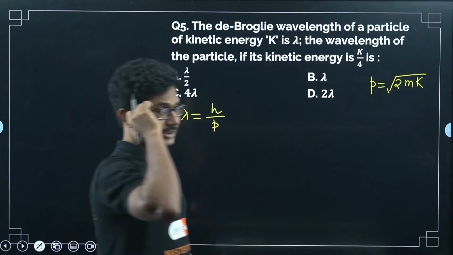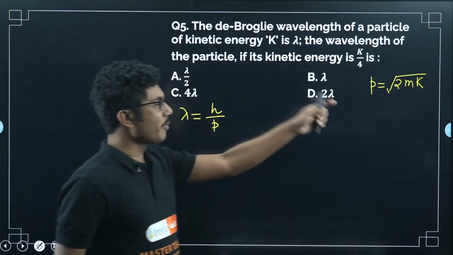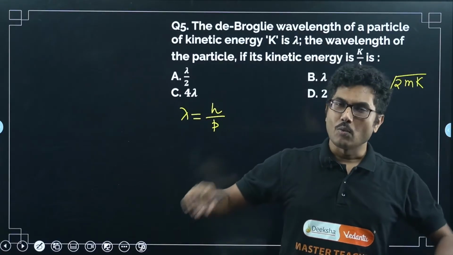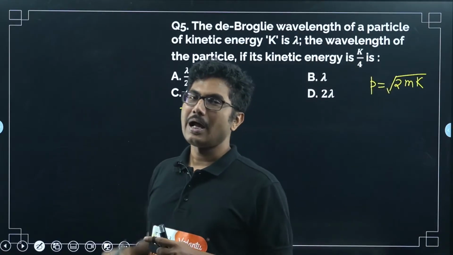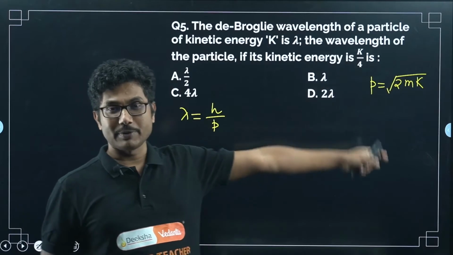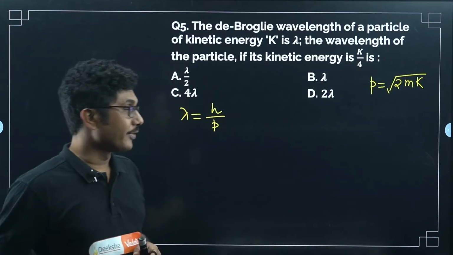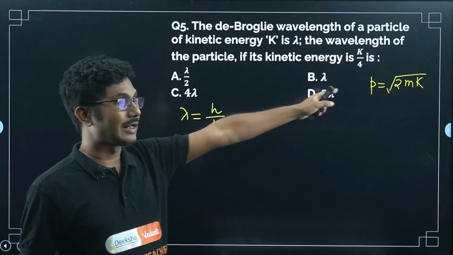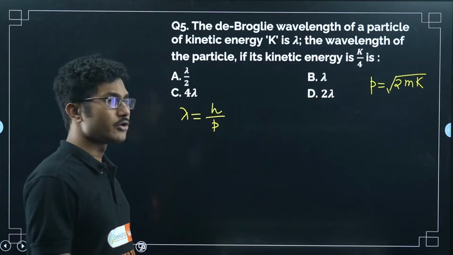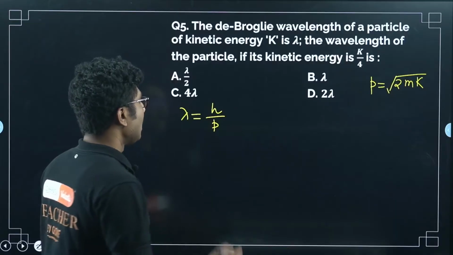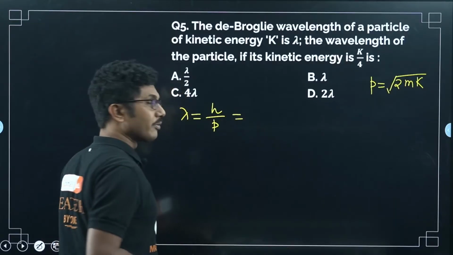K is kinetic energy, right? These are very common formulas. I derived this formula once again in our last lecture. Also, this is there in your first PU. If you have missed it, you can go back and check dual nature of radiation and matter part 2. There I have derived this equation once again. I am not going to do it today because today we are learning how to solve questions quickly.